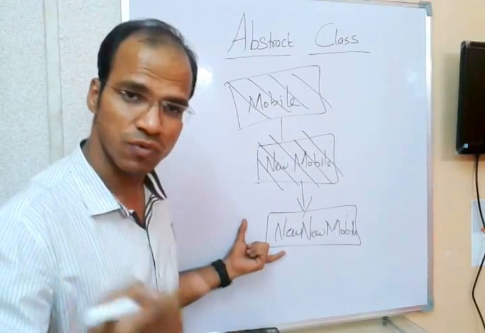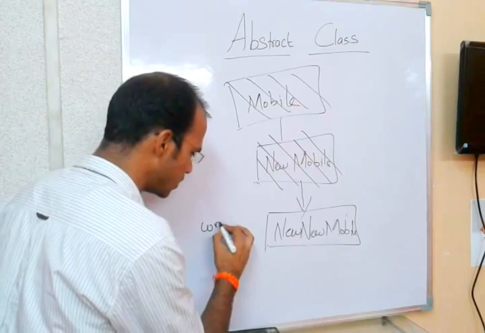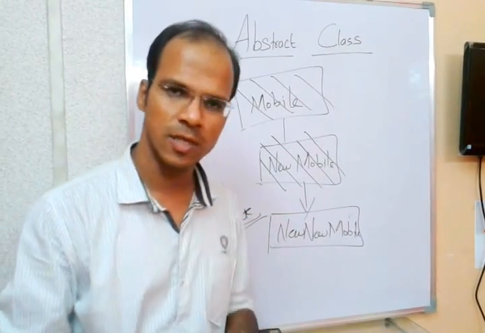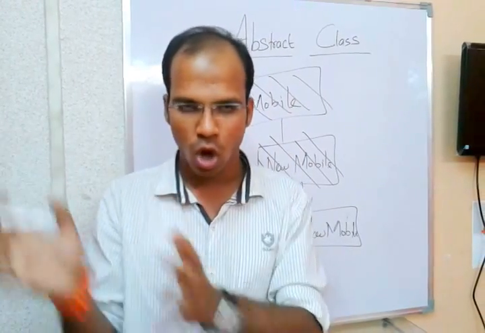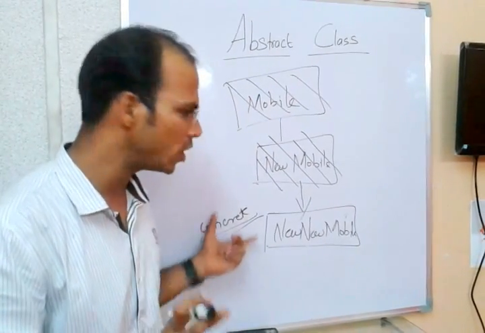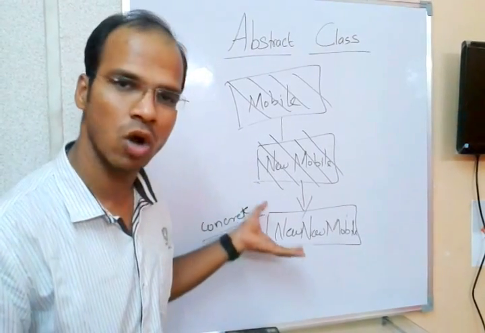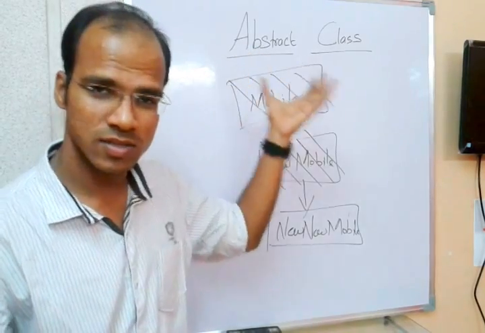If you are successful in defining the method in this class, now this class will be called concrete. Your aim is to develop an object, and you can only make objects of a concrete class. You cannot make an object of an abstract class. So your focus should be on the concrete class, and this is your abstract class. That's it.